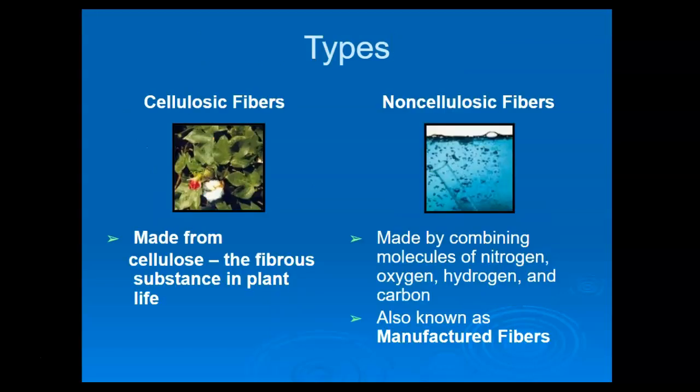The manufactured fibers can be made up of plants, which sounds crazy because you think of plants as being a natural fiber. They are natural fibers, but some of your manufactured fibers use wood pulp as the main ingredient to make up the cellulosic fibers in manufactured fibers.